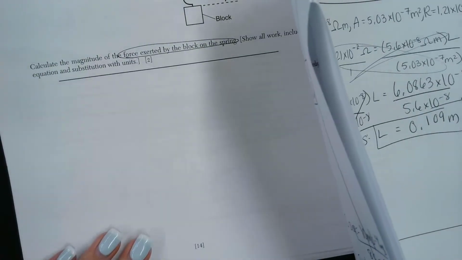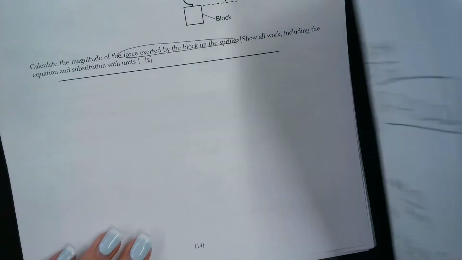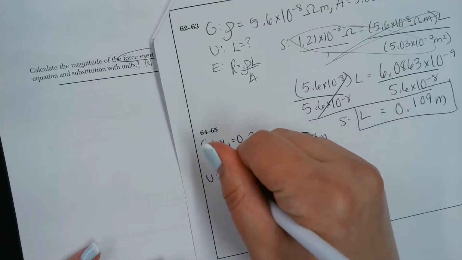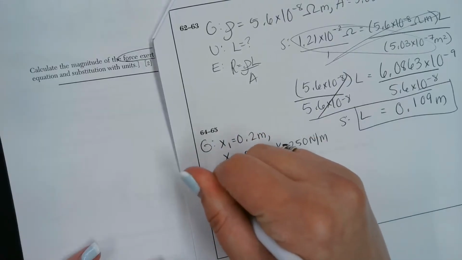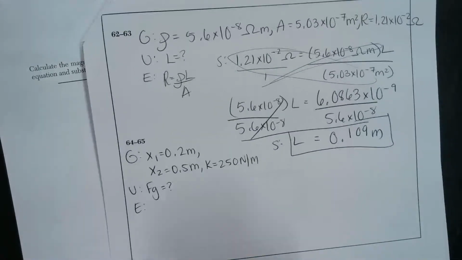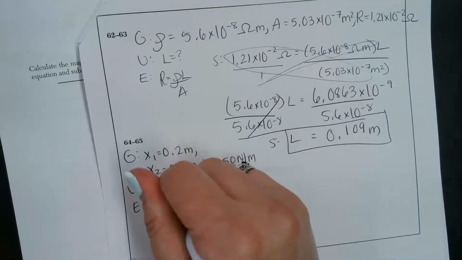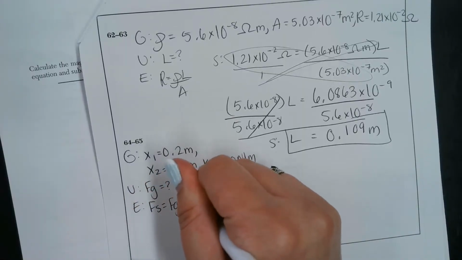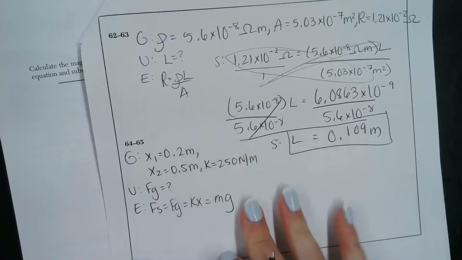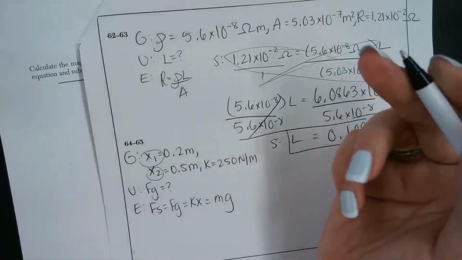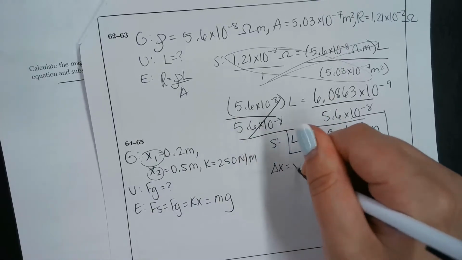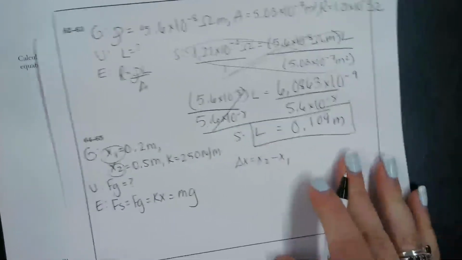Okay. We're looking for, what's the force of gravity? Remember, vertical spring, Fs equals Fg equals kx equals mg. However, you have two lengths, so you have to find the change in length first, which means you're going to subtract.